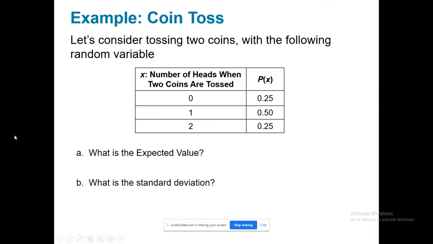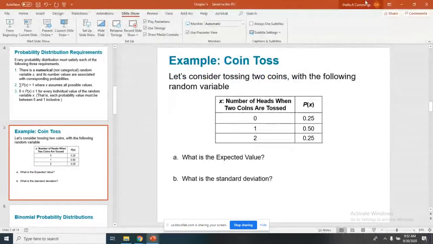And we're asked 2 questions. What is the expected value? And the expected value is just another way to say mean. And we're also asked to find the standard deviation. Okay. So at this time, I'm going to pull up the calculator. All right, and while I'm pulling up my calculator, if you don't have yours, you may want to grab it.